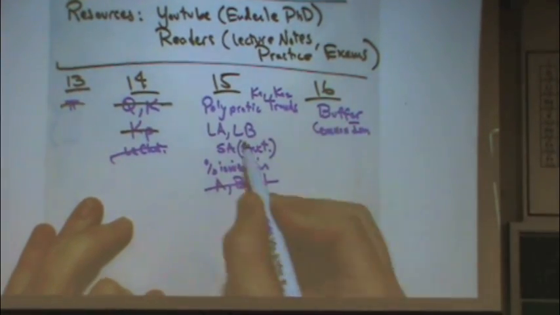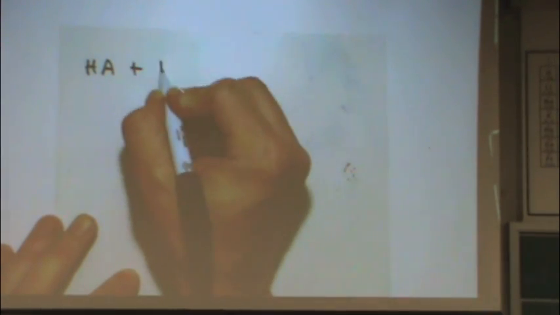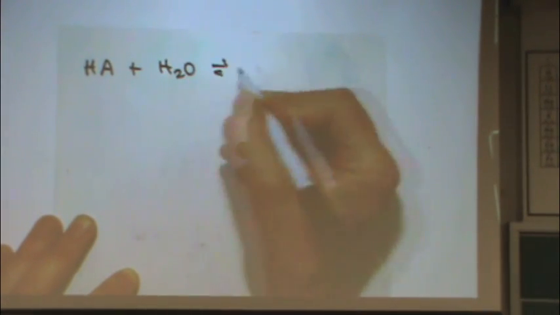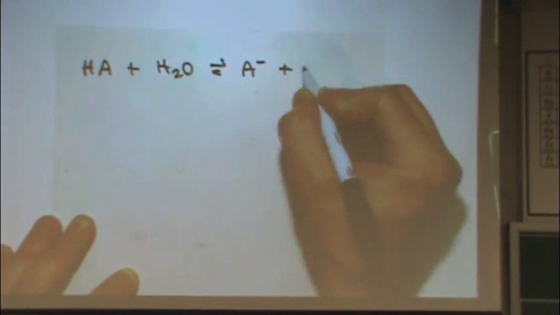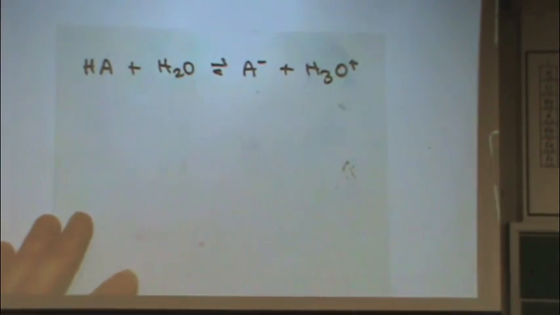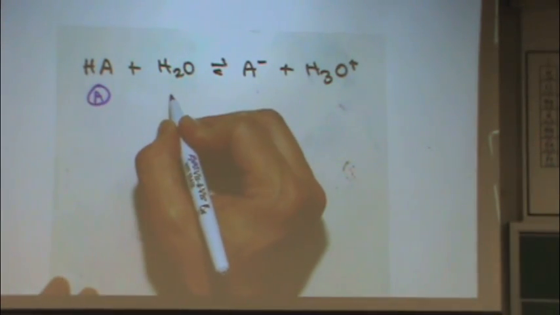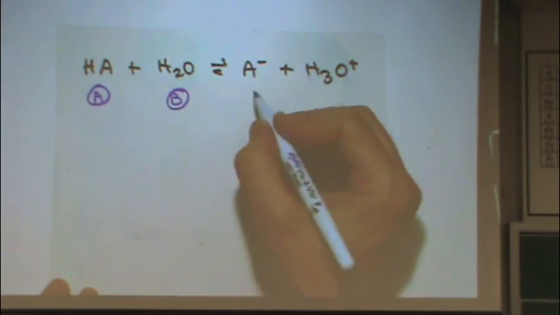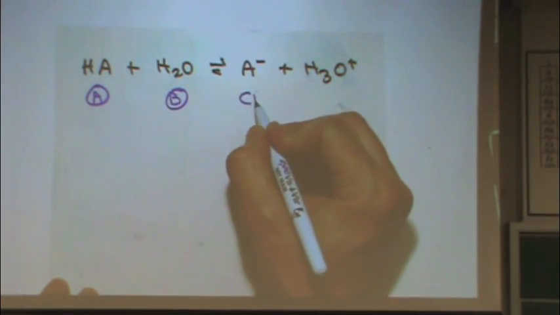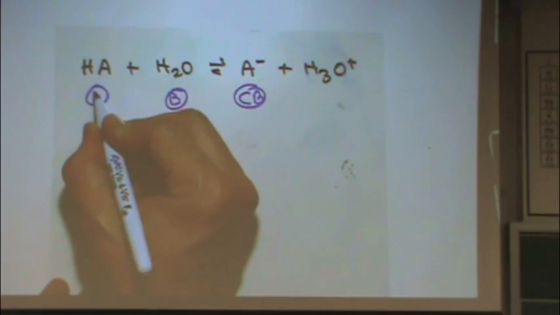Okay, let's do this. Let's do Lewis acid, Lewis base. Let's try this first. We've got acid here. The base here, water is acting as the base. So this is the conjugate base, A minus is the conjugate base to HA.